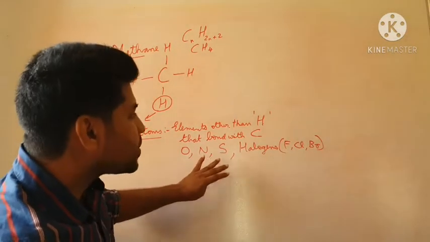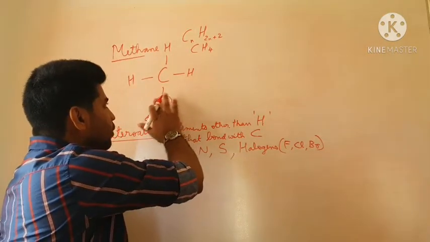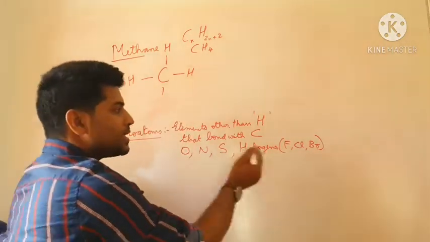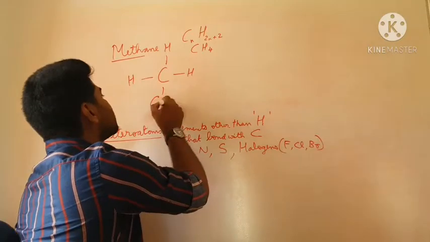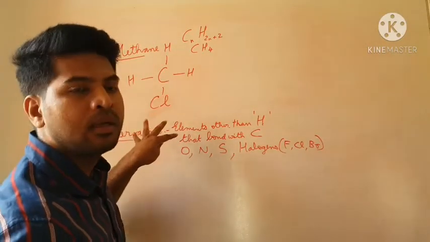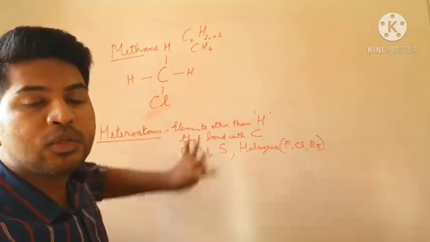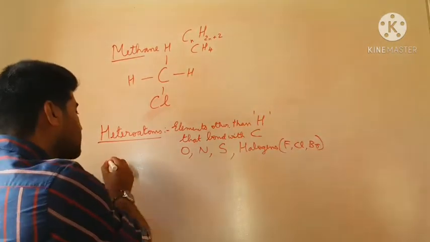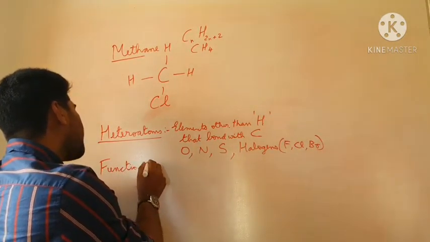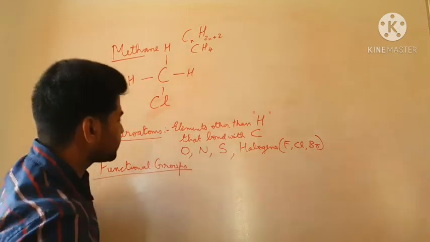Sometimes these atoms may not be present singularly. For example, let us say hydrogen is removed and in its place one of the halogens is present. So this is a singular atom. There could also be groups of atoms attached to the carbon chain. Such groups are called functional groups, about which we will be discussing in detail.